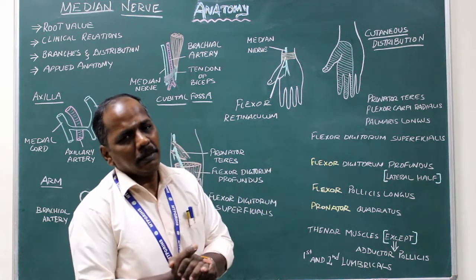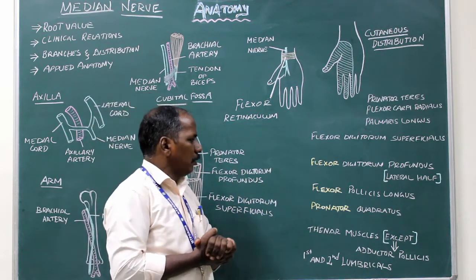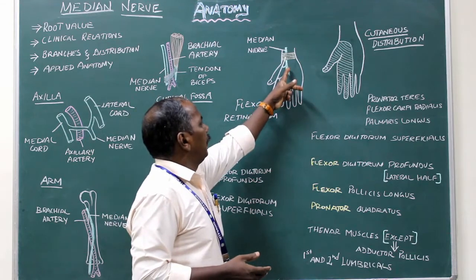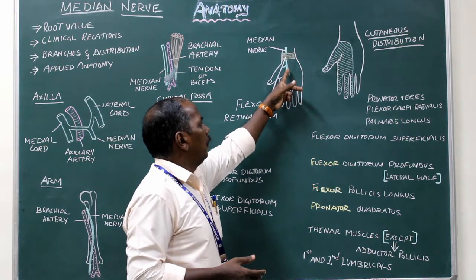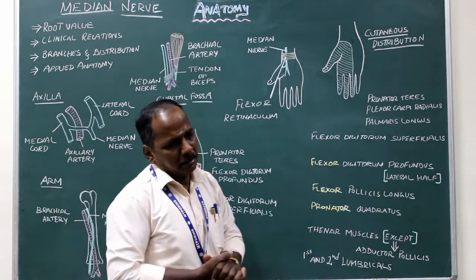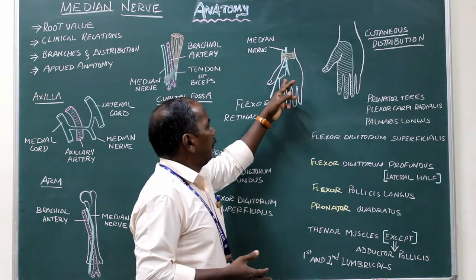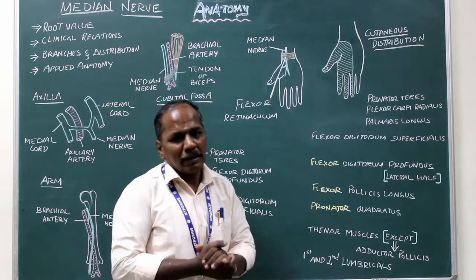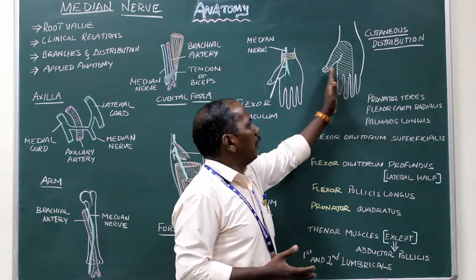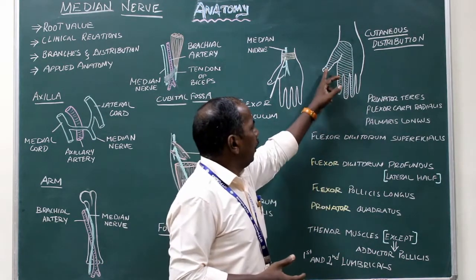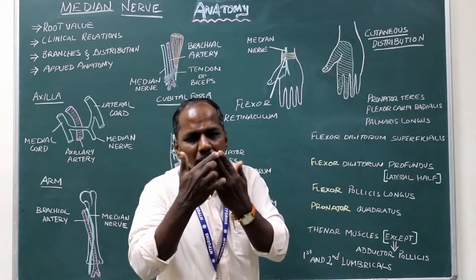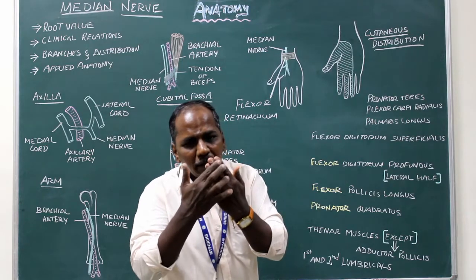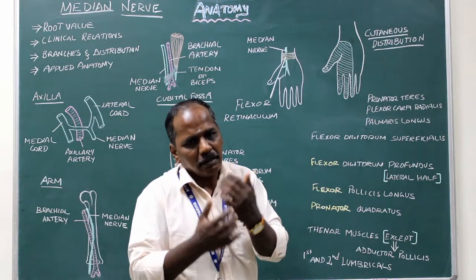Cutaneous distribution. I told you the median nerve in the hand divides into lateral and medial division. So this supplies the skin over the lateral 3.5 fingers, including the dorsal aspect of the terminal phalanges.